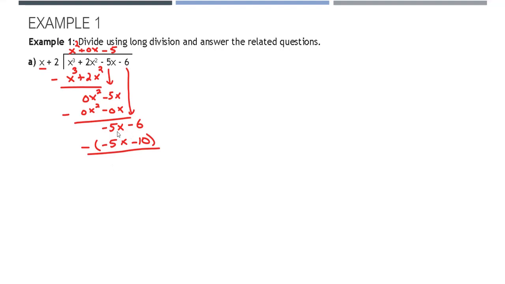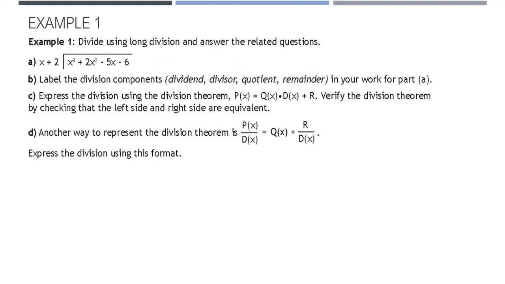So this is definitely 0x because that's what we're going for. But negative 6 minus negative 10 is positive 4. Now that positive 4 is our remainder. So our answer then is x squared minus 5 with a remainder of 4. So I actually hit a little bit of a question on you.